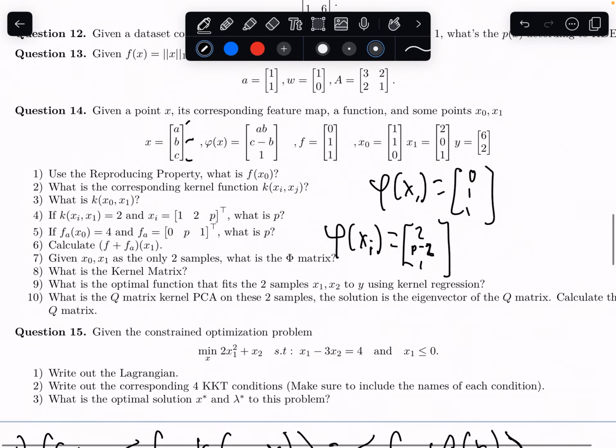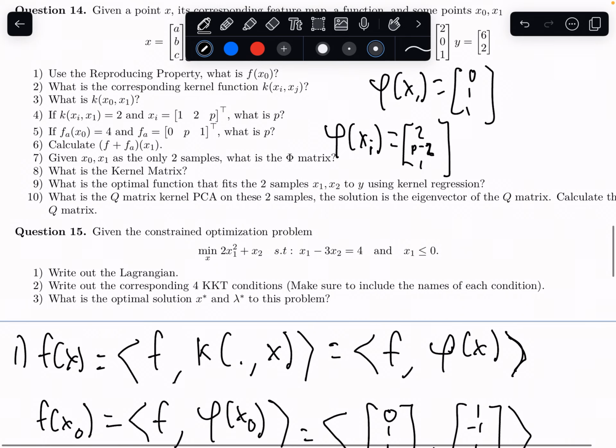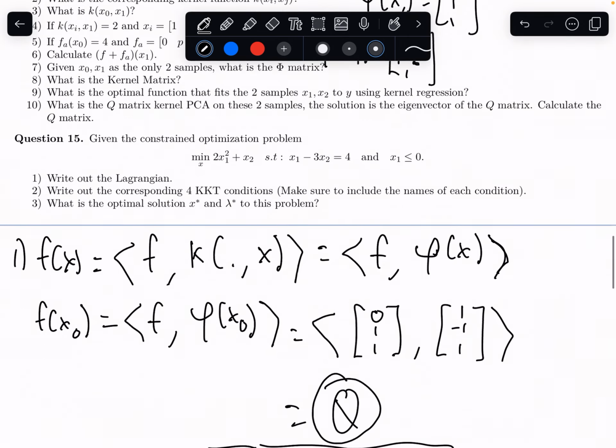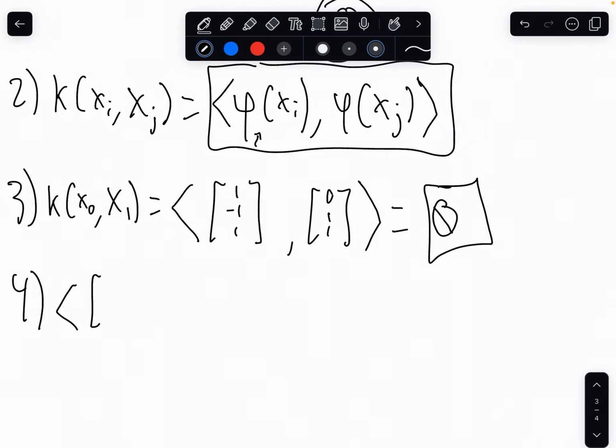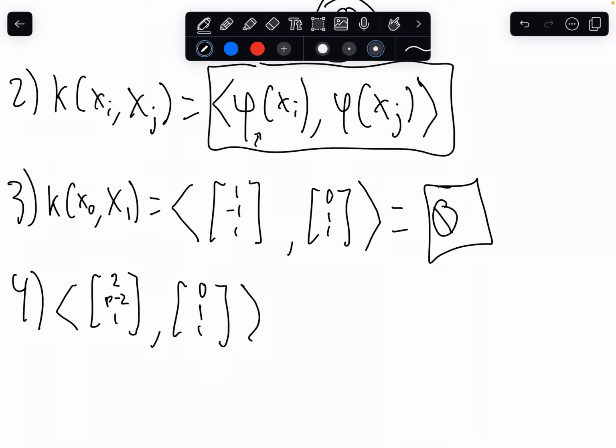Okay, so knowing that, how do we calculate p from this? Well, we plug in our values and we'll get something that we can equate to 2, and then we can substitute it in. So let's do that. We take the inner product of phi of xi, which is 2, p minus 2, and 1, and phi of x1, so it's going to be 0, 1, 1.